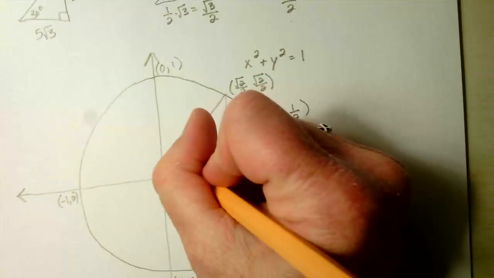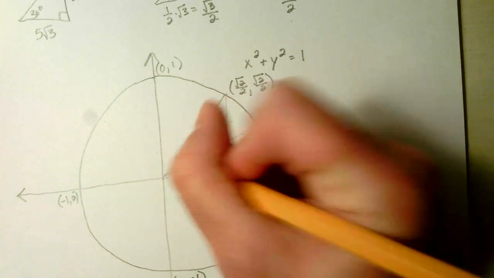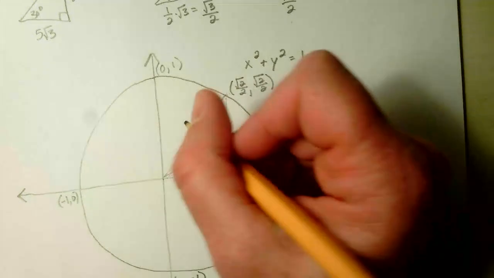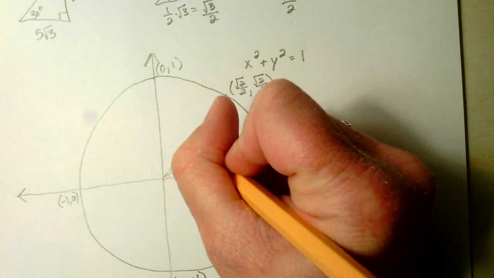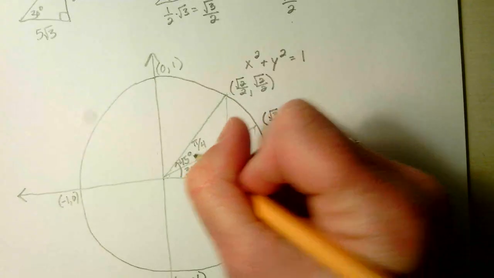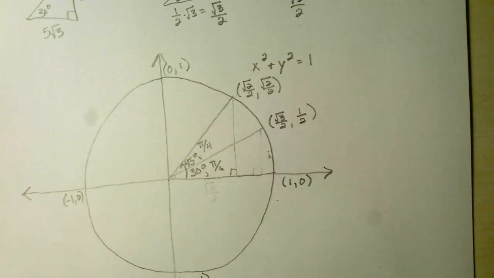That corresponded to 45 degrees. I'm measuring from my x-axis. Hopefully you remember that 45 degrees is pi over 4 radians. You want to start memorizing these special degree measures, 30, 45, 60, and 90, and their radian measures.